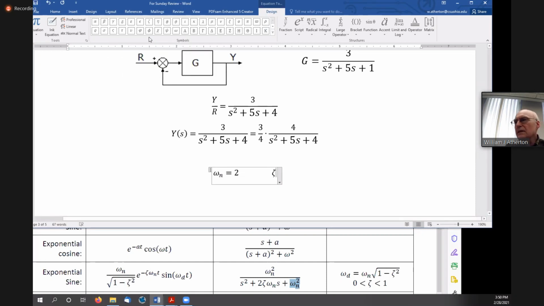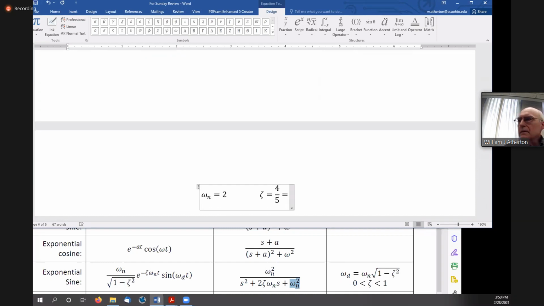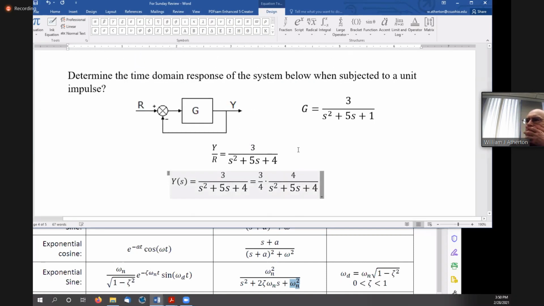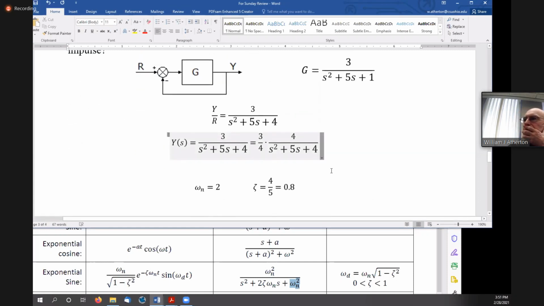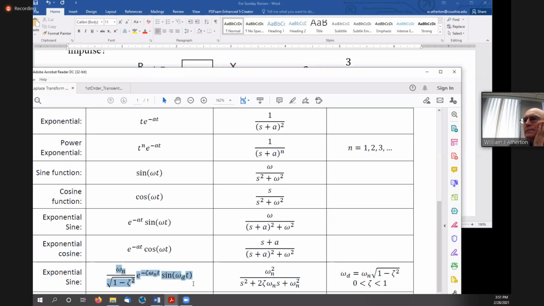Zeta is equal to, what do I have down here? I have 2 zeta omega n is equal to 5. So I got to divide by 5. It's 4/5. It's equal to 0.8. Okay. So now my solution is here. This is my solution.